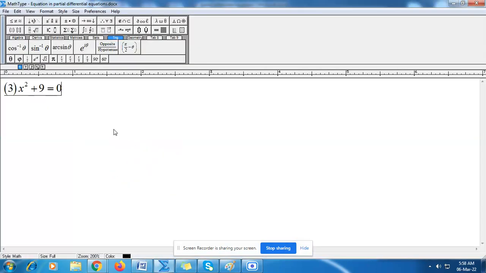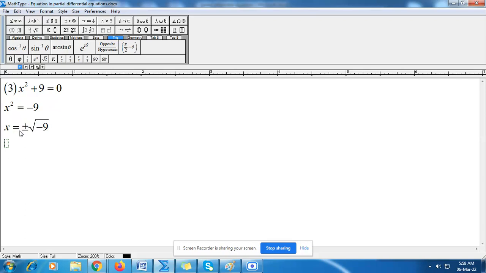Now go for this. This is x square plus 9 equal to 0. So simply we write x square is equal to minus 9, and this is equivalent to x equal to plus or minus root of minus 9.